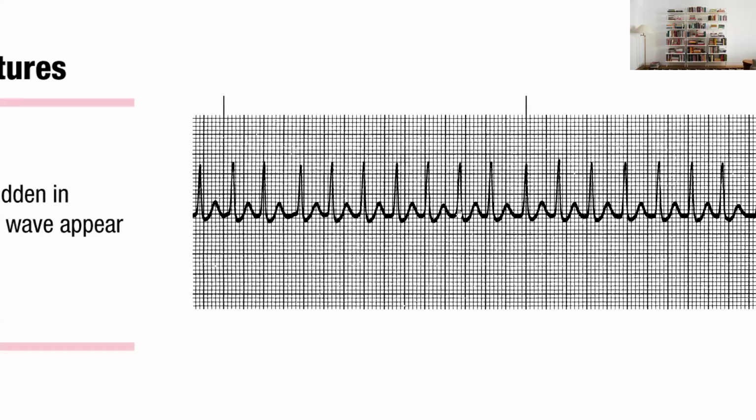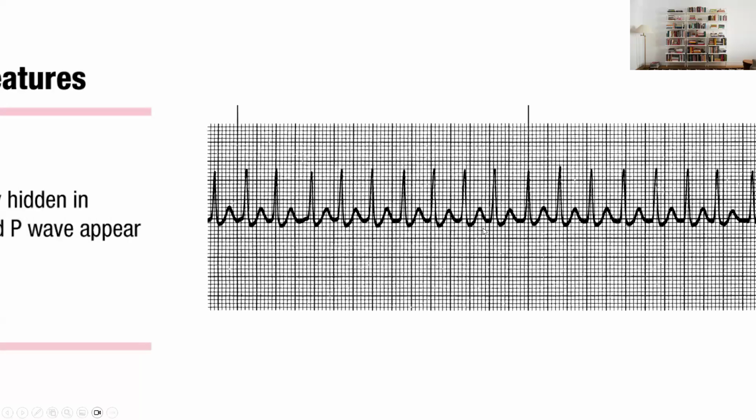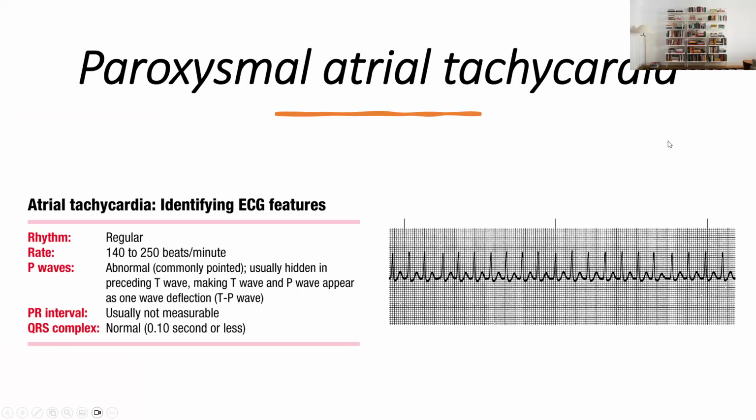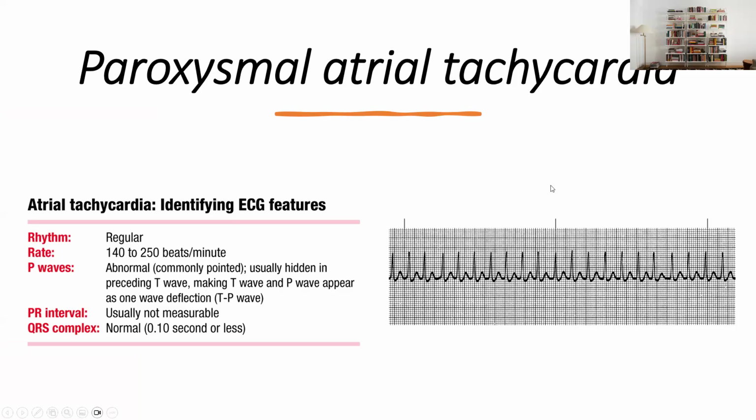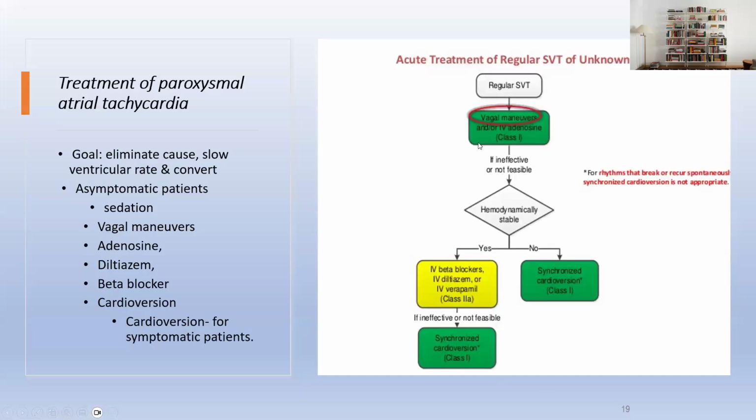So it could either be from the AV node, the atria, and so on. It could not be from the sinus node because the sinus node can only fire up to 140 beats per minute.